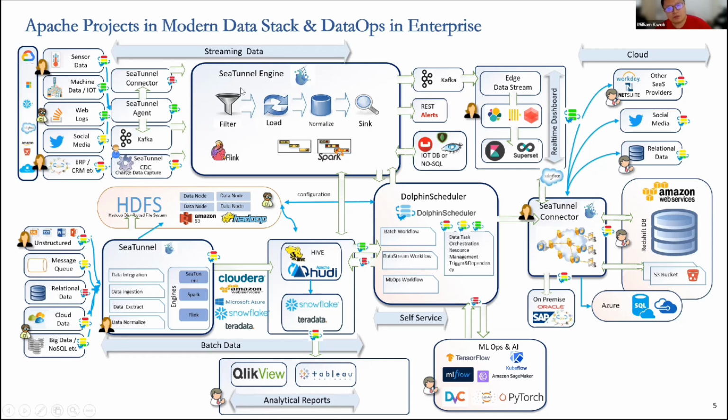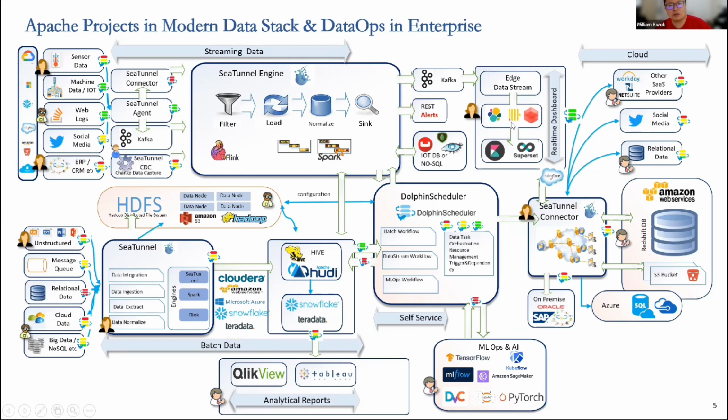And then you can use the SeaTunnel engine or Flink or Spark to do the filter, load, normalize, and sync the data to your target. Sometimes the target will be Kafka, and then you can use SeaTunnel or other tools to sync the Kafka data to ClickHouse, to Redshift, or to Elasticsearch.